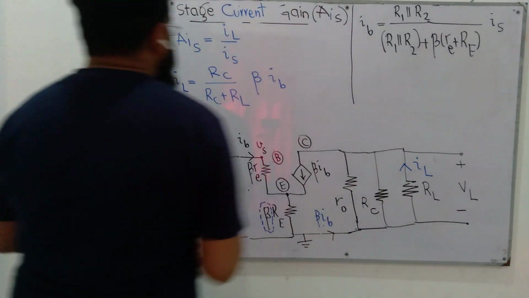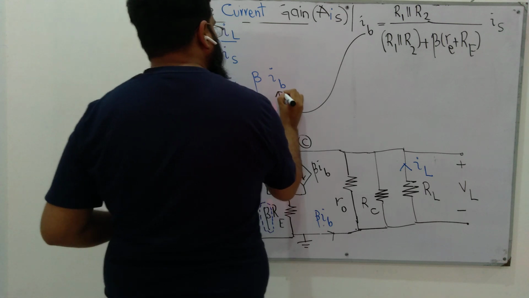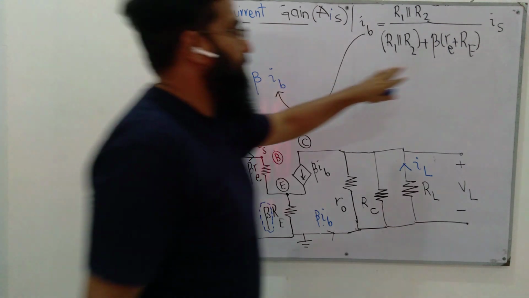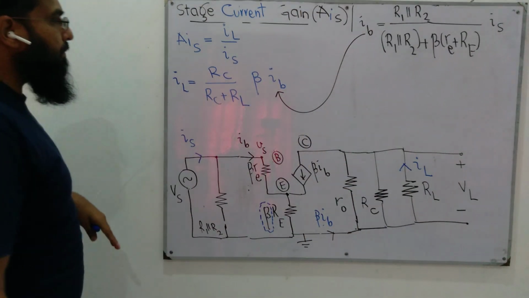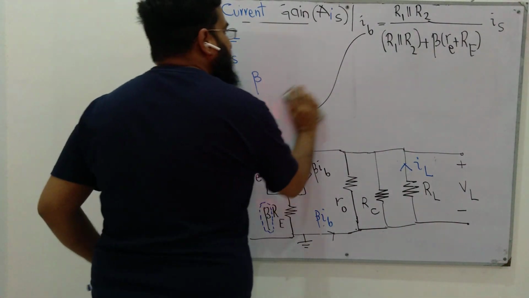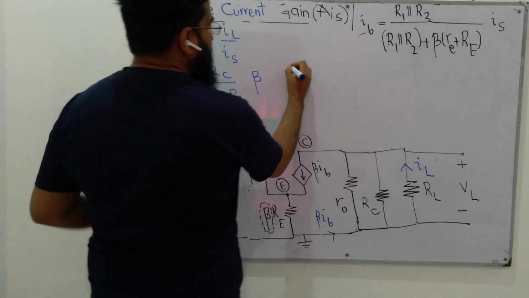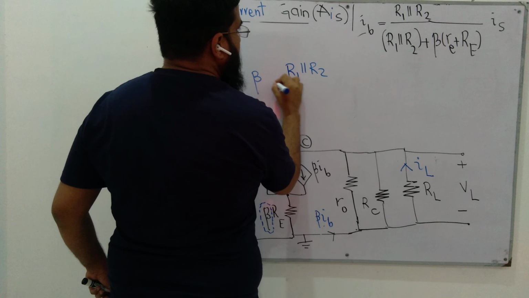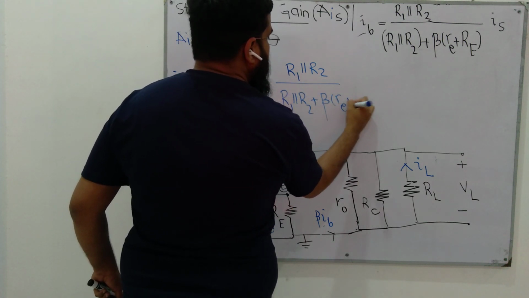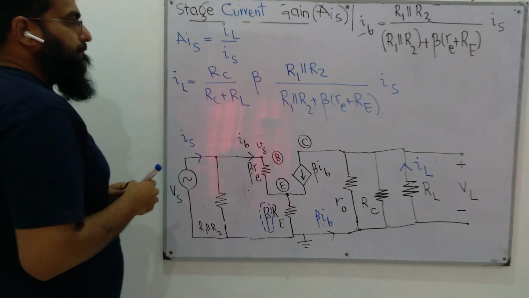This is IB written in terms of IS. Now we are almost done, because now we'll put the value of IB here. Plugging the value of IB here will give us IL in terms of IS. Let's replace this IB with this whole expression: R1 in parallel with R2 over R1 in parallel with R2 plus beta times RE plus RE, times IS.